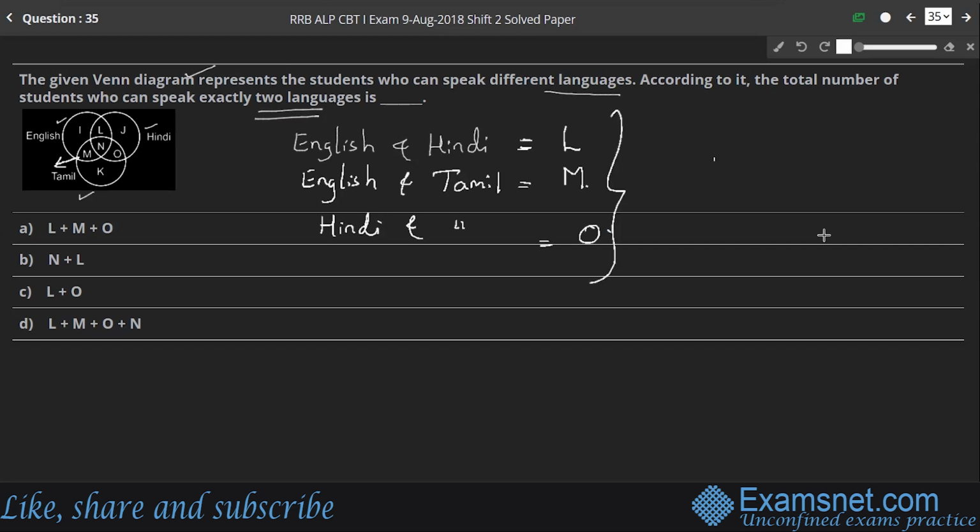So in total it is L plus M plus O students. The total number of students who can speak exactly 2 languages is L plus M plus O. Hence option A is the right answer.